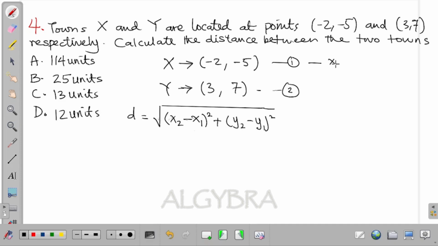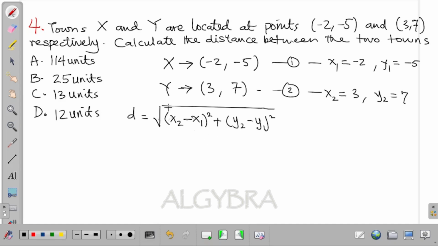For point 1, our x1 is equal to -2, and our y1 is equal to -5. For point 2, our x2 is equal to 3, and our y2 is equal to 7.